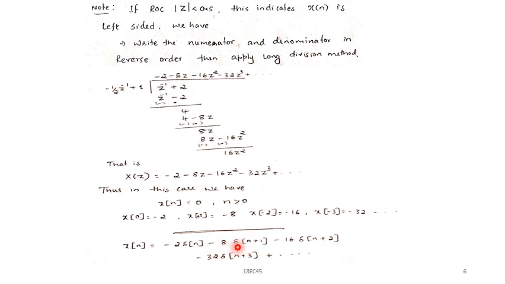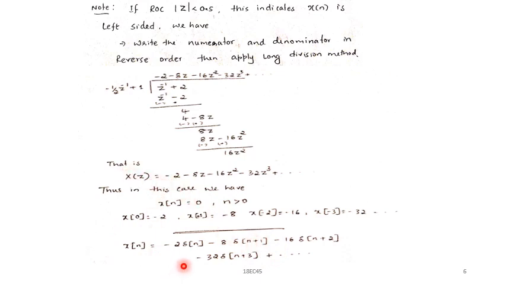Minus 8 into delta of n plus 1, because this is multiplied with positive z, and the Z transform of delta of n plus 1 is z, and delta of n plus 2 is z square. So here it is shifted to the left side, so the signal will be delta of n plus 1, minus 16 into delta of n plus 2, minus 32 into delta of n plus 3, and so on. So this is my x of n by taking the inverse Z transform of this equation.